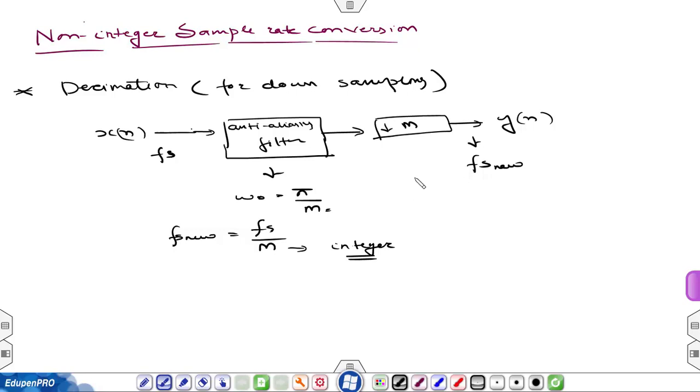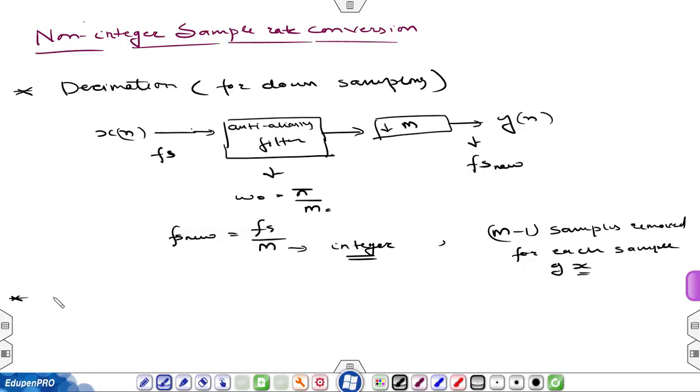What this downsampler was doing is removing M minus 1 samples for each sample of x[n]. This is how it was reducing its sampling rate. This was the decimation process.